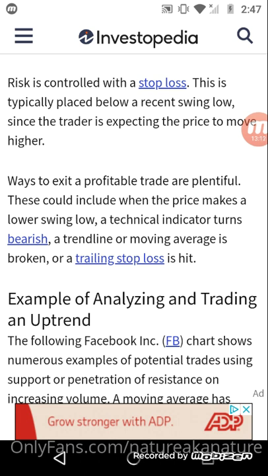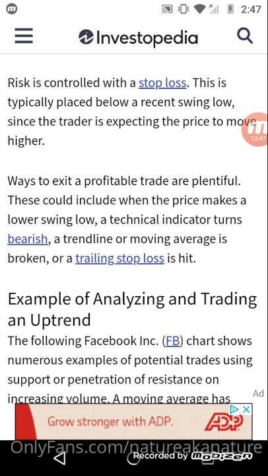There are a lot of technical indicators you can look at: bullish candlesticks, bullish engulfing candlesticks, moving averages, trend lines. Use everything you can to analyze the uptrend and see if it's going up, so you can decide whether to trade it or not. We use all these things, which I already explained, so make sure y'all check those videos out.